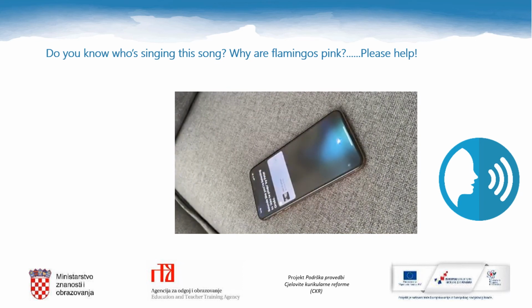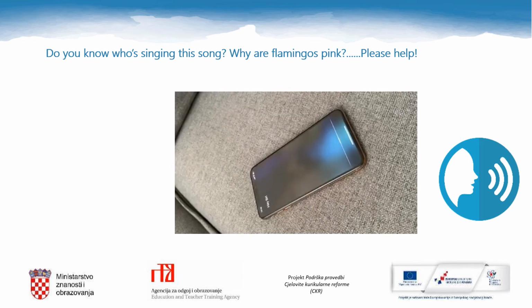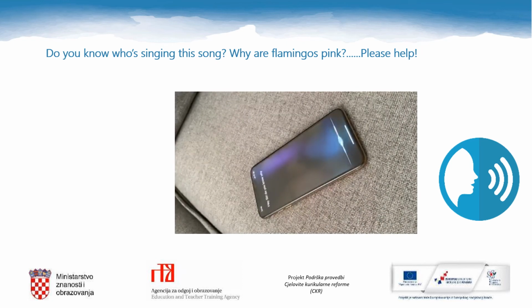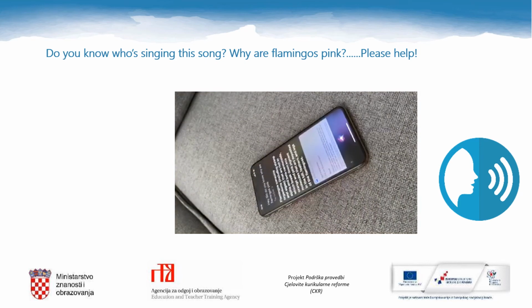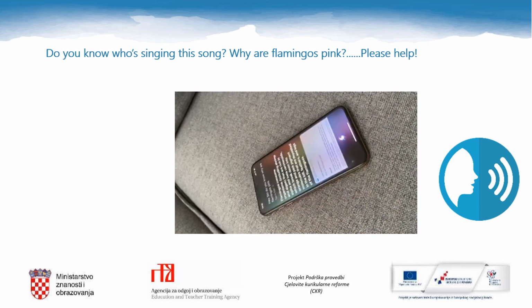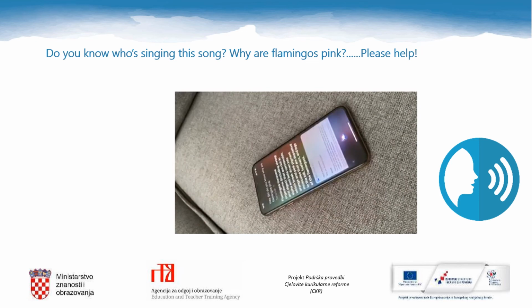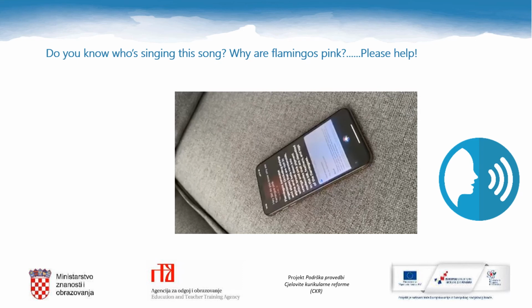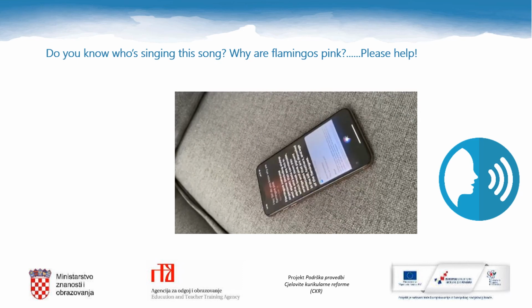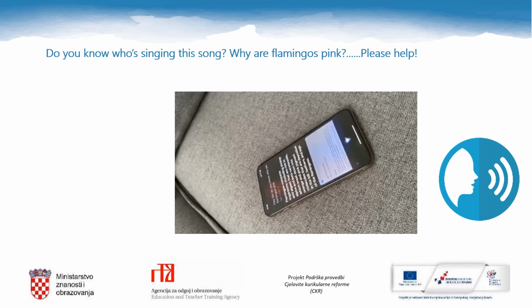Hey Siri, do you know why flamingos are pink? Flamingos consume organisms, including shrimp and algae, that are rich in alpha and beta carotenoids, which break down into orange and pink pigment molecules that are deposited in the bill, feathers, and legs of the flamingo.